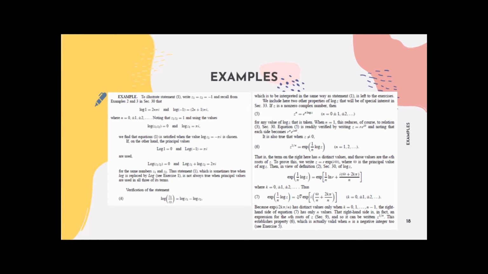That right-hand side is in fact an expression for the nth roots of c, and so it can be written c^{1/n}. This establishes property 6, which is actually valid when n is a negative integer too.